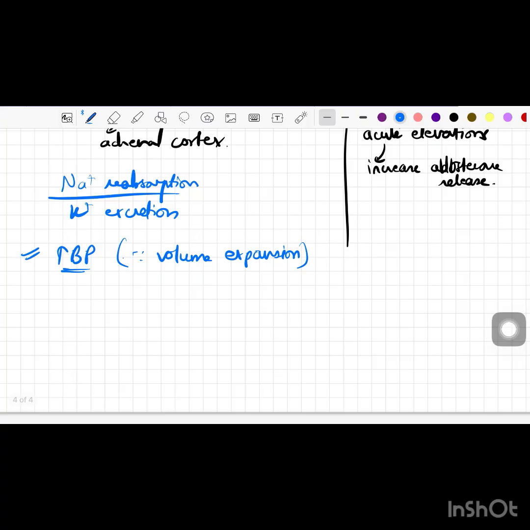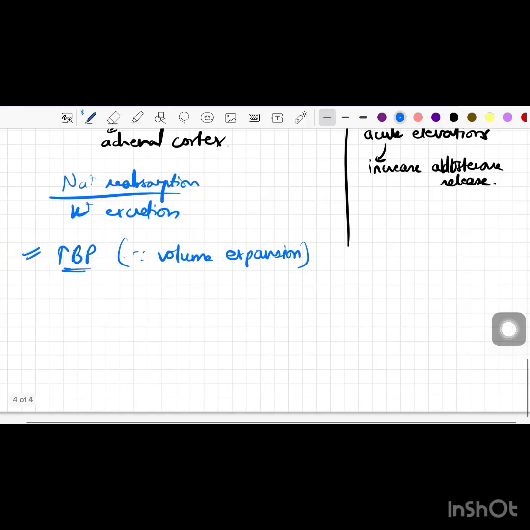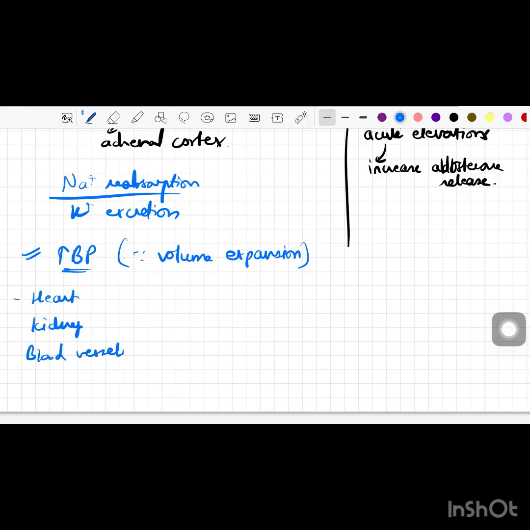Also, these mineralocorticoid receptors are present in other places, in the heart, in the kidneys and in blood vessels. The mineralocorticoid action over the heart is that it causes myocardial fibrosis. Whenever these levels are increased for a prolonged time, it will cause myocardial fibrosis and left ventricular hypertrophy.